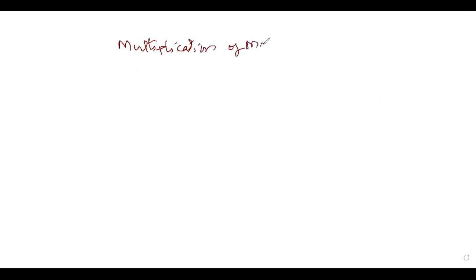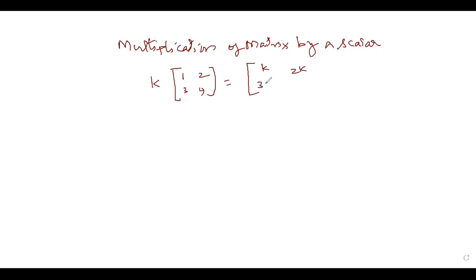You can see that if k is multiplied with the matrix 1, 2, 3, 4, it will multiply with all the elements: k into 1 is k, then 2k, 3k, and 4k. So in general, k is multiplied with matrix A, whose elements are aij, of order m into n.